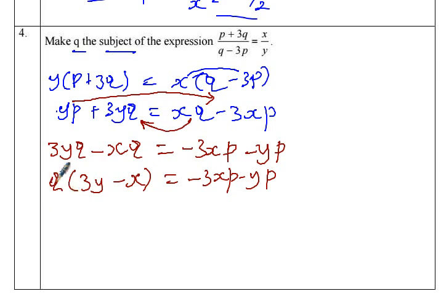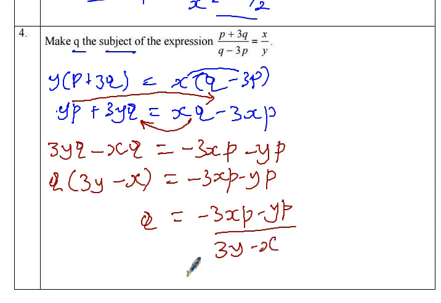What I was interested in is to have the q here. And now that I have q here, I can divide on both sides by this term, so I can write my answer as q is equal to minus 3xp minus yp, out of 3y minus x. And I have been able to have q left on one side of the equation. So now when you look at my answer, at this step, I moved my q on this side.